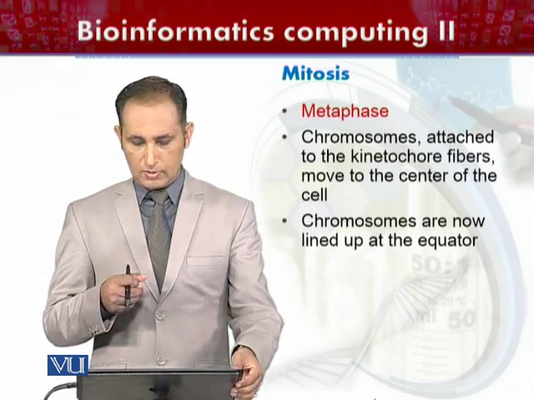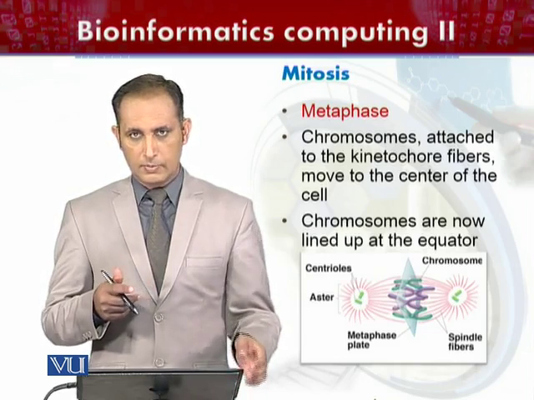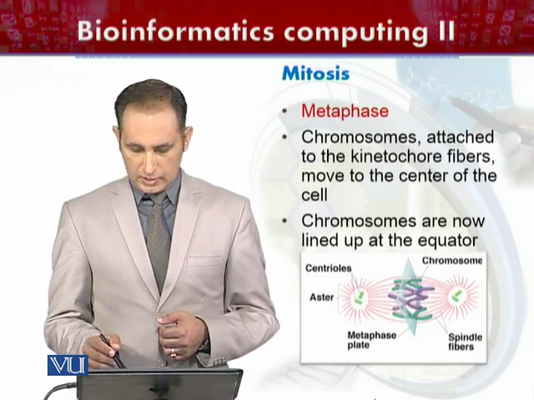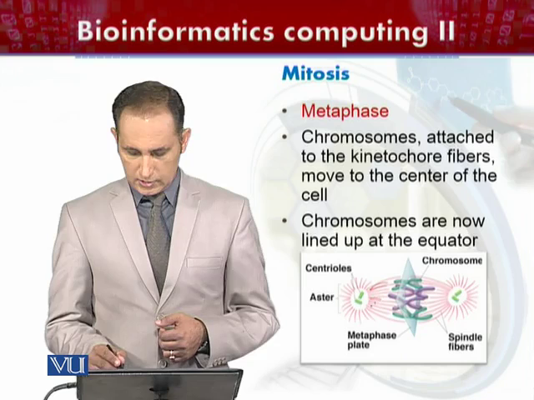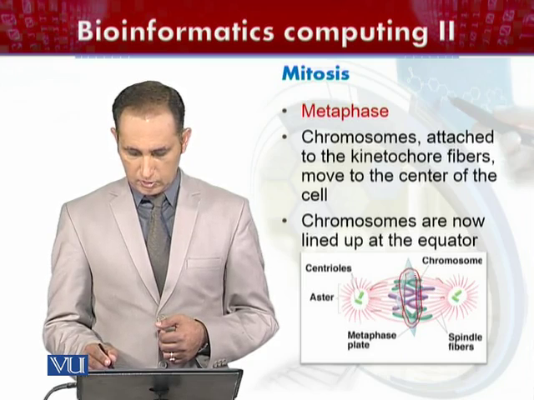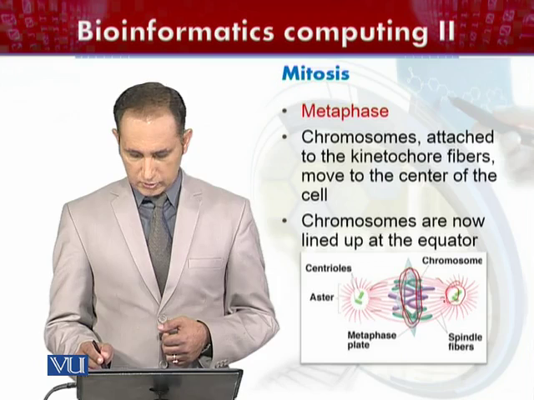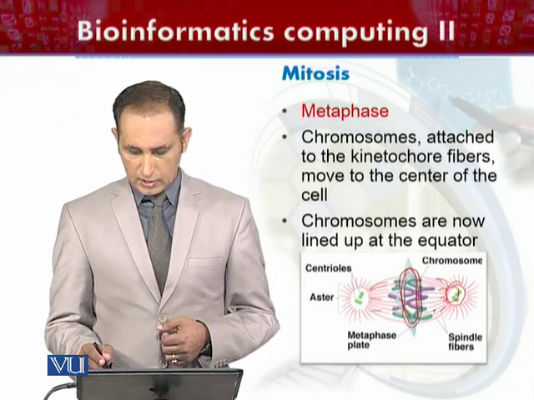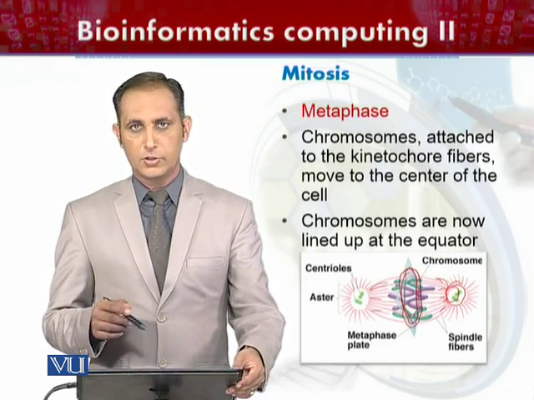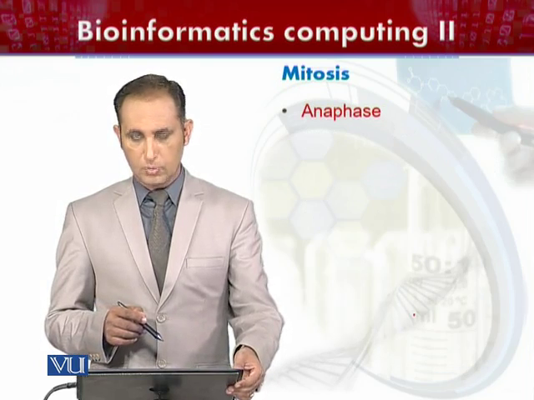So the chromosomes are now lined up at the equator. Here we can see the kinetochore fibers, and the chromosomes lined up faithfully on the equator of the cell. These asters are the entities radiating the kinetochore fibers towards the centromere of the chromosome.